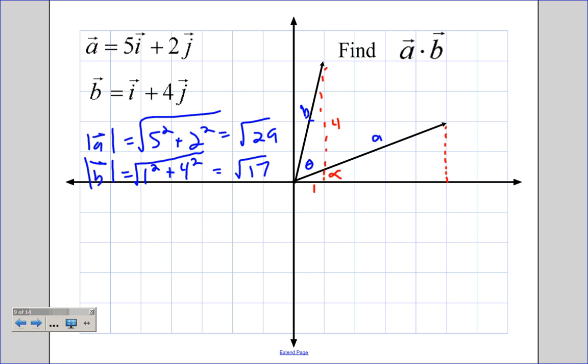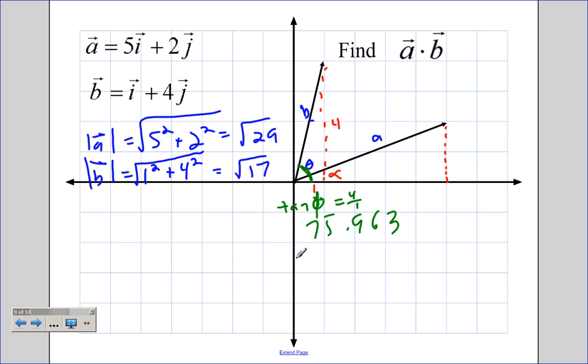So if I take the inverse tangent of 4 over 1, this big green angle is 75.963, because tangent of, let's call it phi, is equal to 4 over 1. Inverse tangent would give you 75.963.